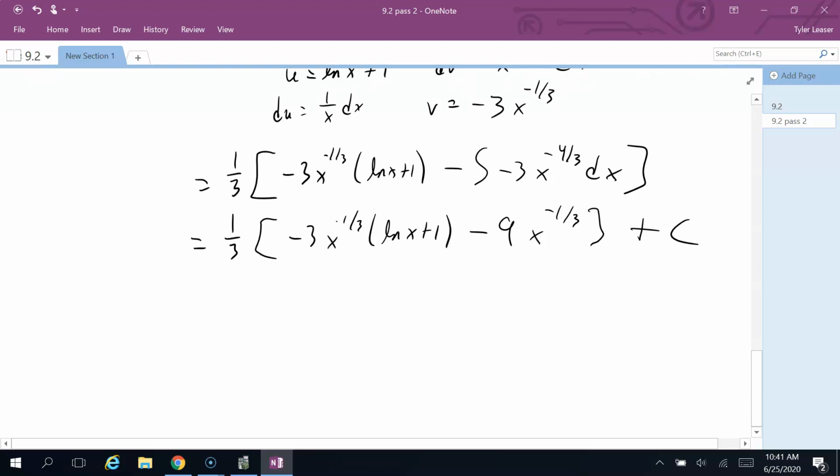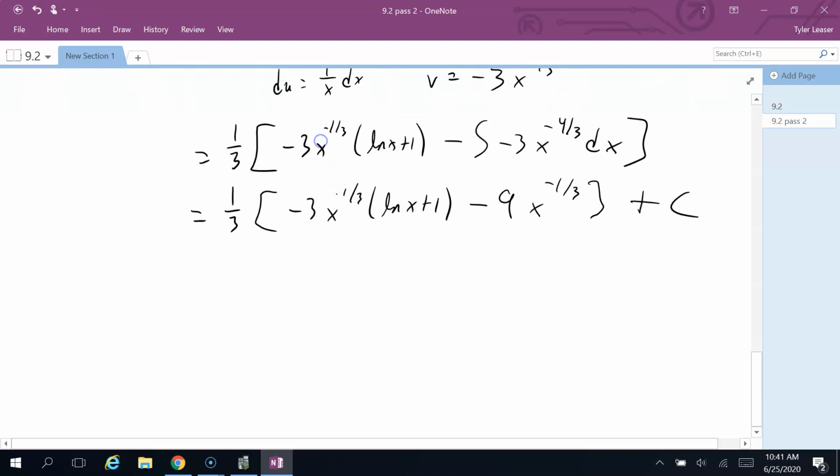Okay, we can go ahead and multiply that 1/3 onto all of this stuff, and then don't forget we still have this left-hand side over here. So that left-hand side was the x to the negative 1/3 times y. My right-hand side, after distributing the 1/3, is going to be negative x to the 1/3 natural log x plus 1 minus 3 x to the negative 1/3 plus c.